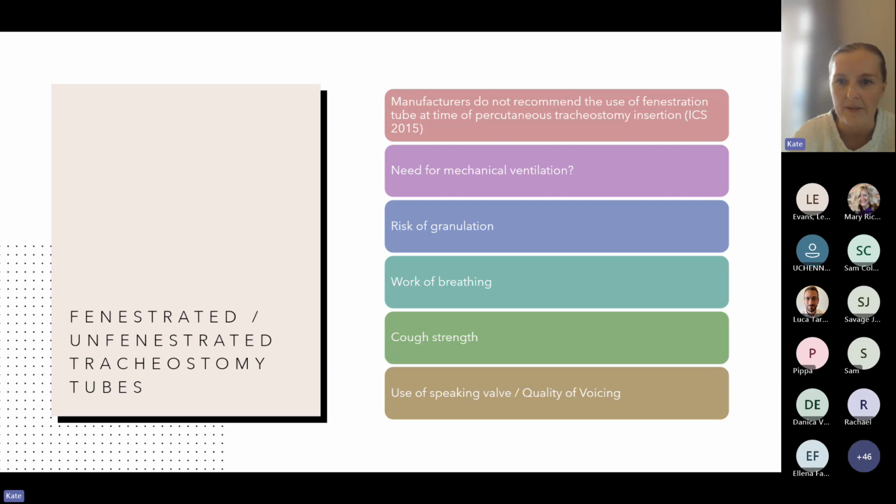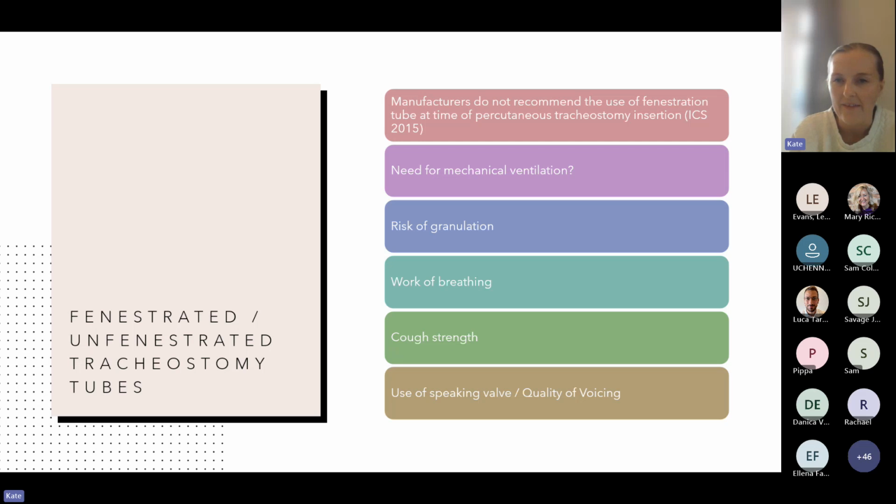So that needs to be in the back of your mind when you're deciding whether you need a fenestrated tracheostomy or not. All of our tracheostomies on our unit are non-fenestrated, and we only use fenestration for very specific patients for very specific reasons, and it is always an MDT-led decision based on that specific patient.